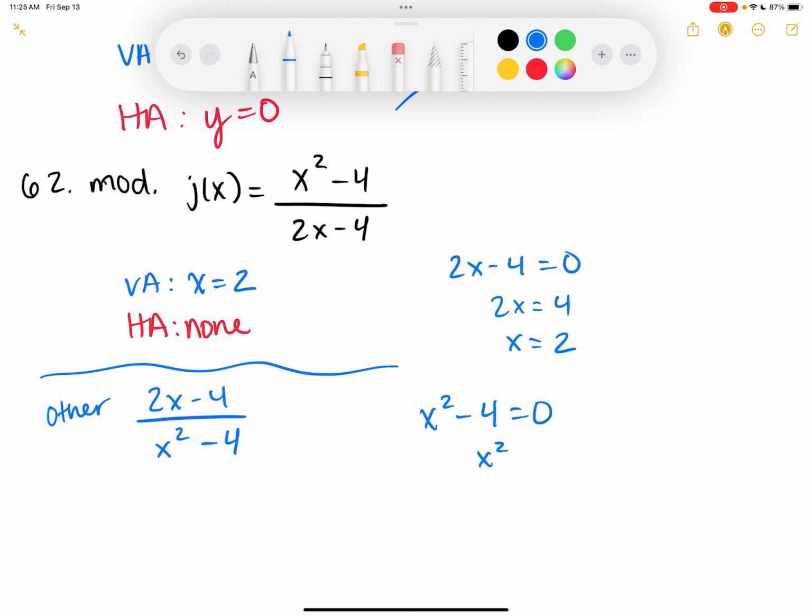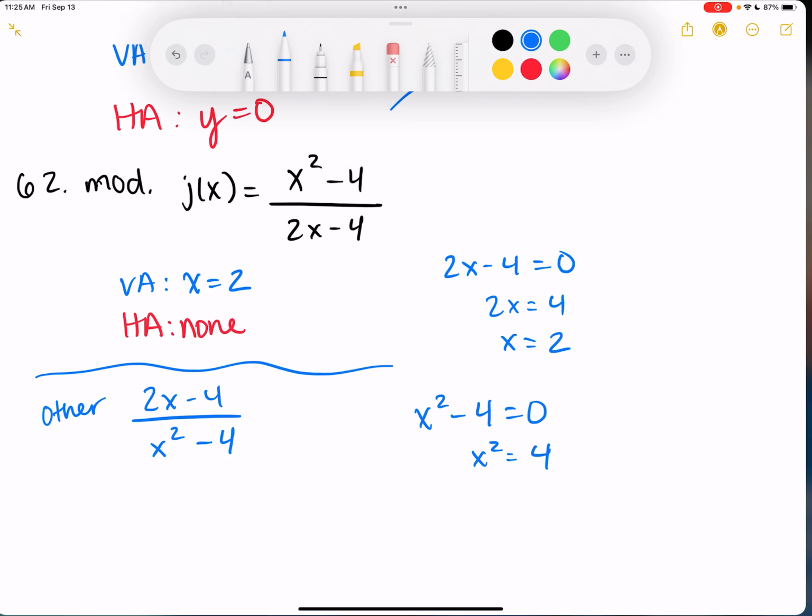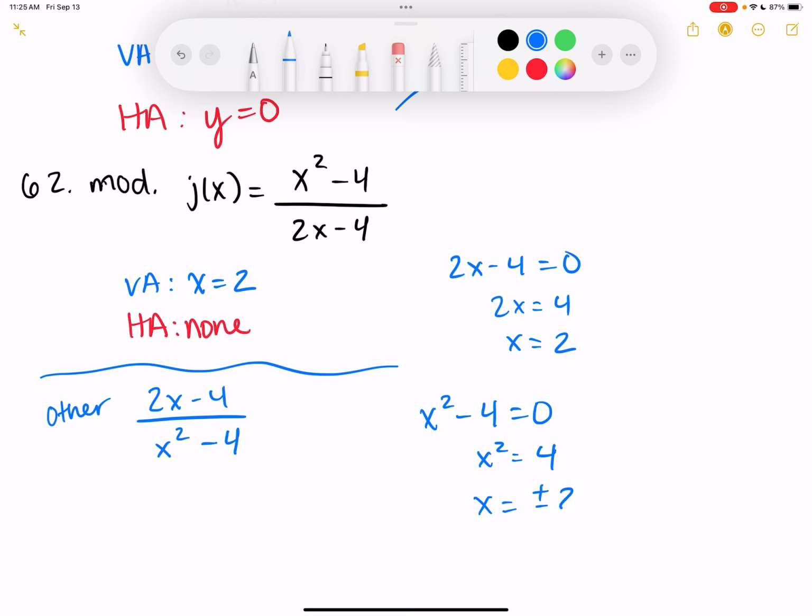X squared equals 4. So x equals plus or minus 2. So when I write my vertical asymptotes, I have 2. I have one at x equals negative 2, and I have one at x equals 2. Now the horizontal asymptote, what is it? It's bigger on the bottom, so y equals 0.